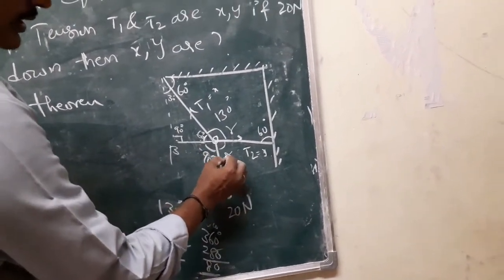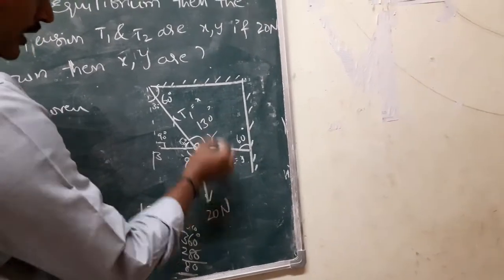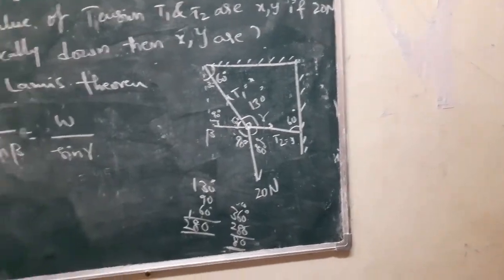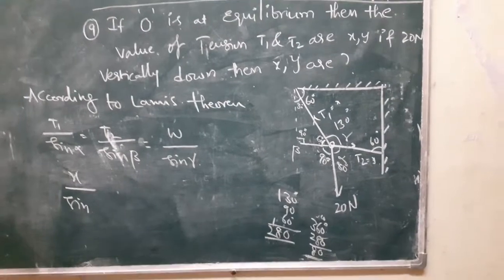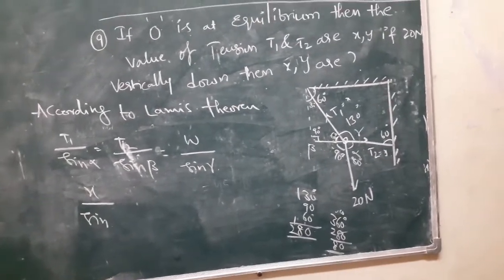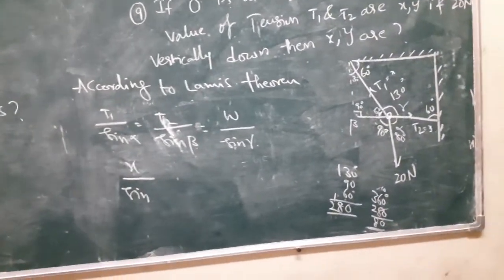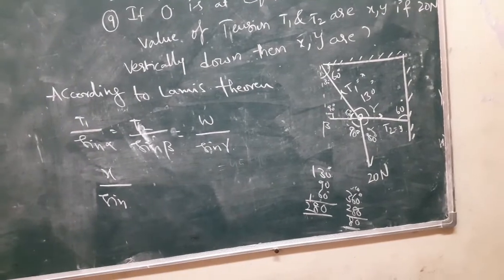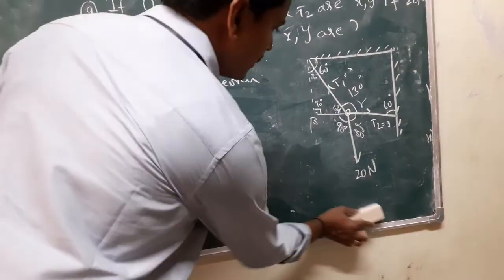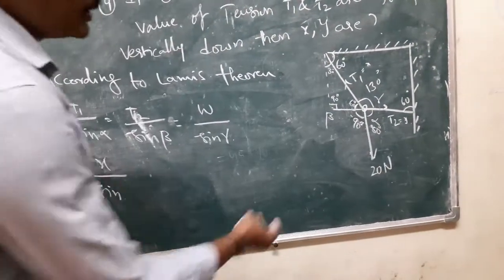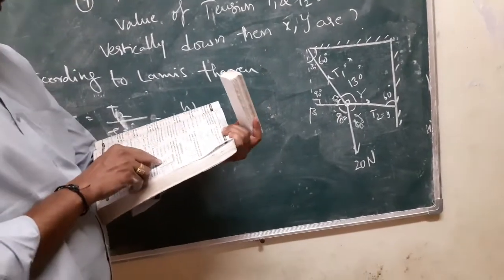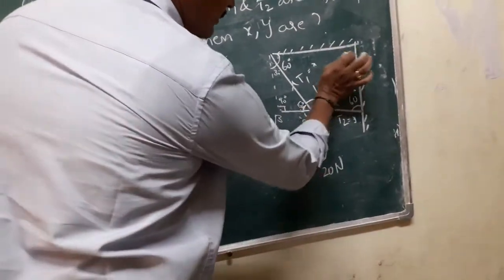Then 80 degrees, this is the value. So the sine of the opposite angle value is measured. Here the angle is mentioned 150.